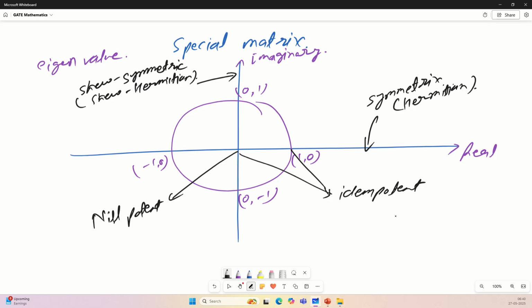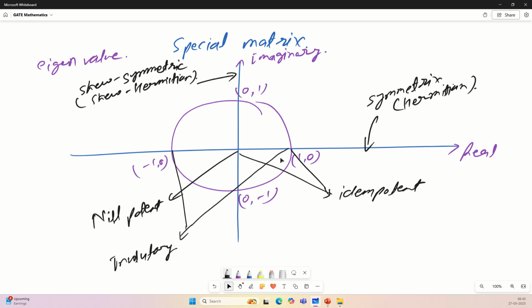So for involutory matrix, the eigenvalues will be either -1 or +1. Okay. So how shall I write it? Let us say I'm going to write like this. So you can see this one is going to be involutory, either +1 or -1.